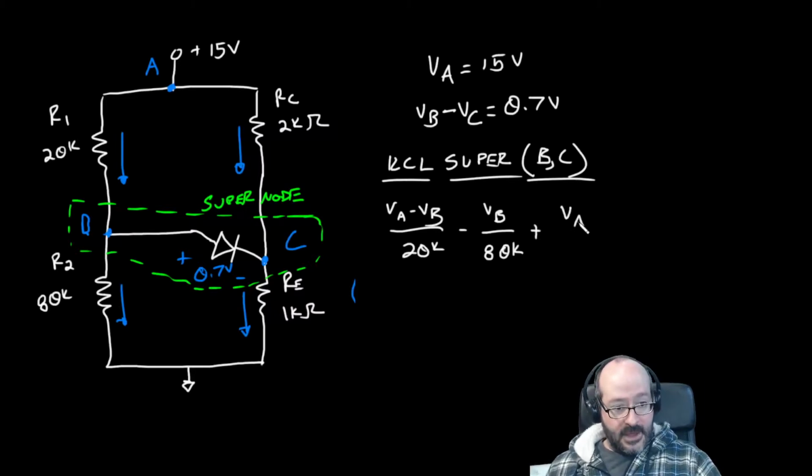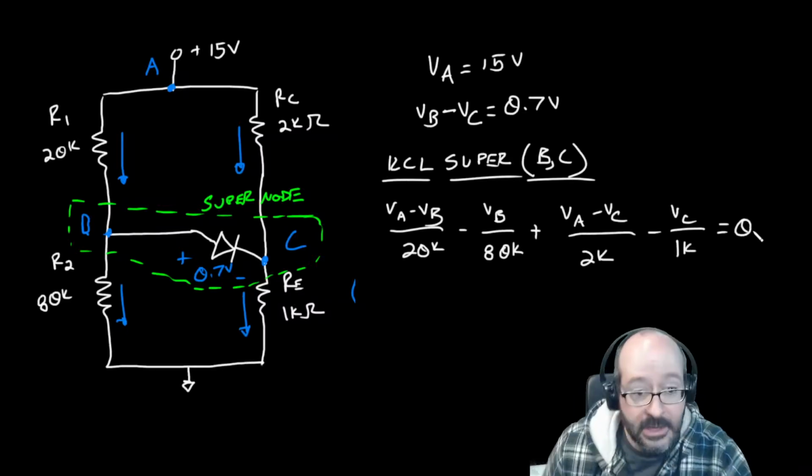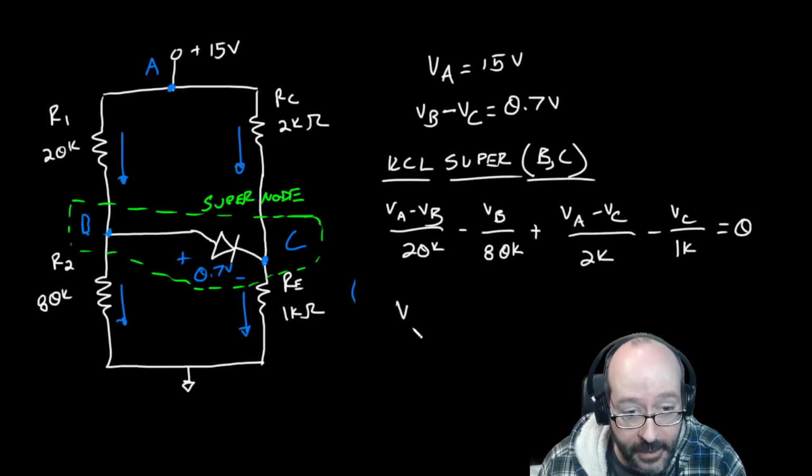Plus VA minus VC over 2K and minus VC over 1K, and that's equal to 0. Okay, so those are the 3 equations that I'm interested in, and from that I'm going to find voltages for VA, VB, and VC.